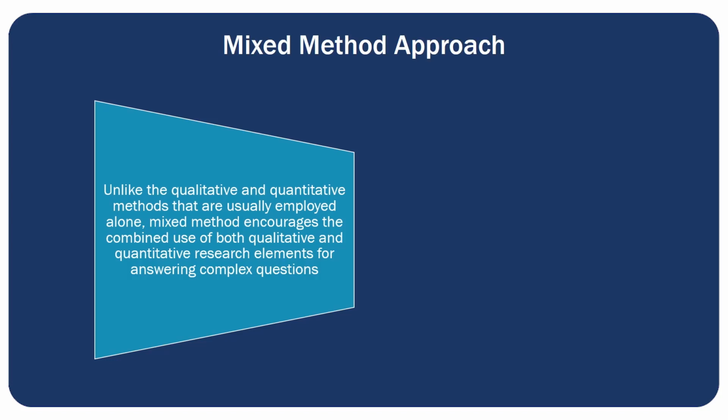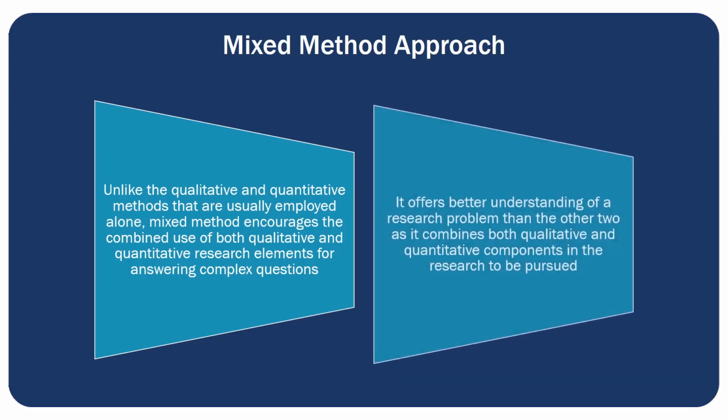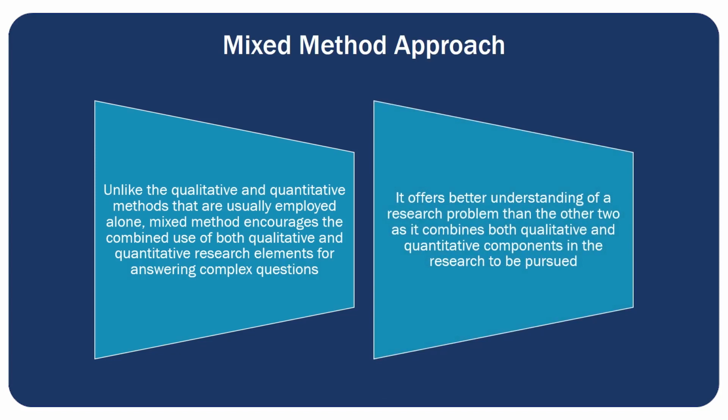That means they can be employed judiciously in order to answer complex questions. This is an important advantage of mixed methods. Therefore, it can offer better understanding of a research problem than the qualitative and the quantitative methods, because it combines both qualitative and quantitative components in the research to be pursued.